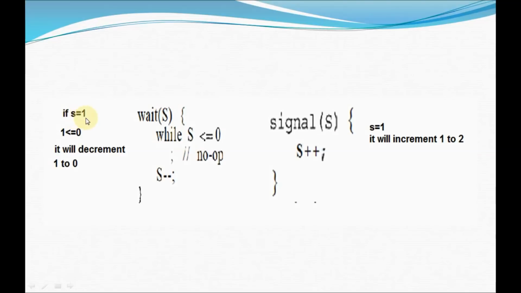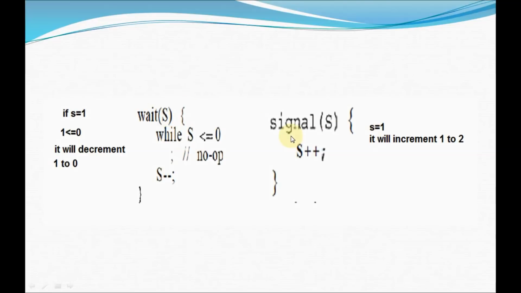Suppose my s value is 1. In wait, I check the condition: while 1 is less than or equal to 0. Since the s value is 1, the condition is false. So it will go on and decrement the s value from 1 to 0. So here I changed the semaphore value from 1 to 0 using wait.